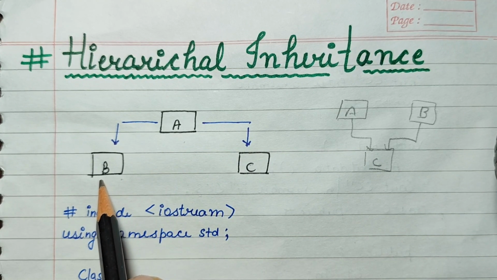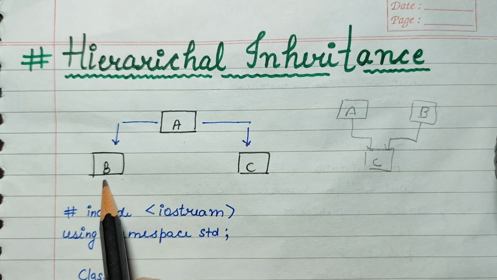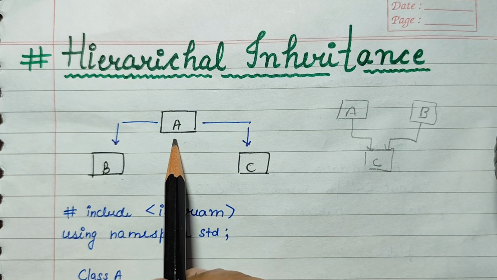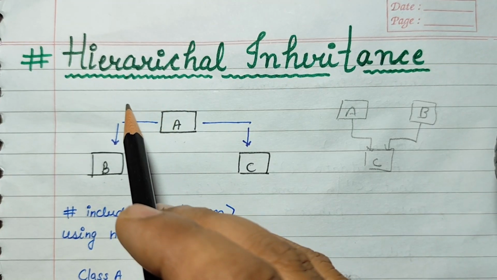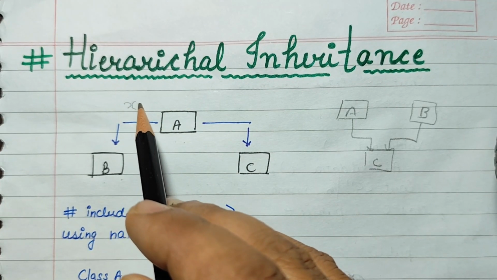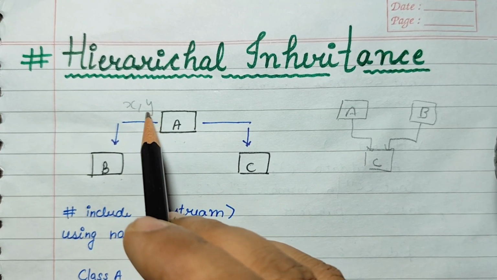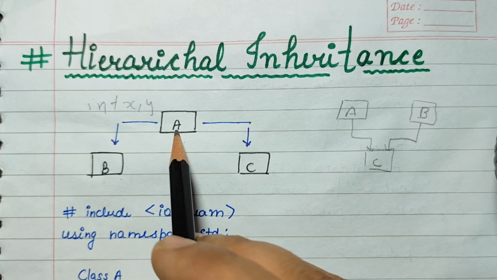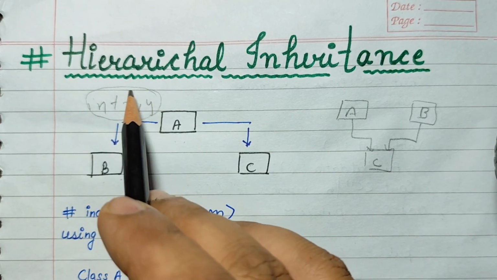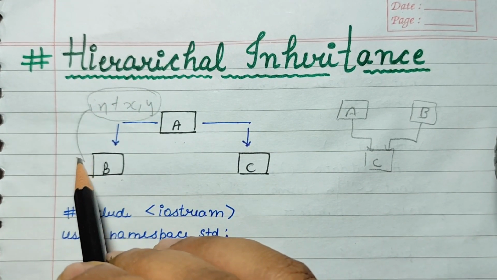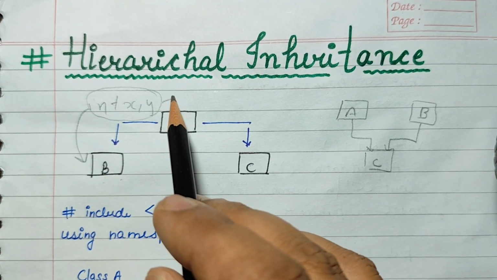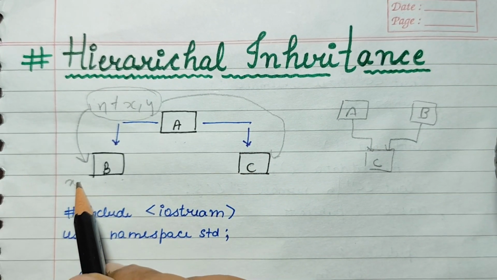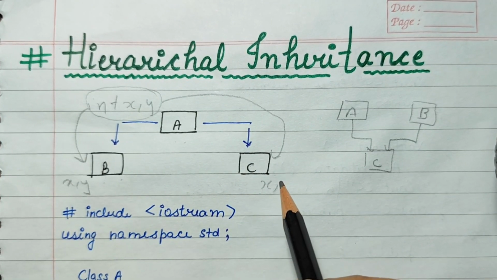The new classes B and C are derived from the base class A. Suppose we have some properties x, y, the two data members of base class A. These properties are transferred to the child class B and also to the child class C. It means here we have one copy and here we have another copy.